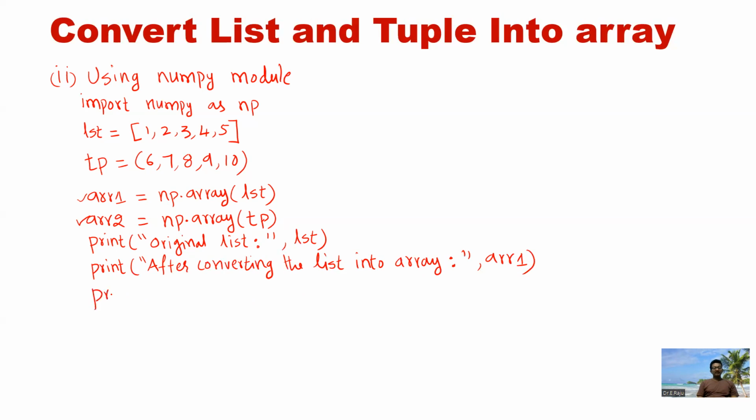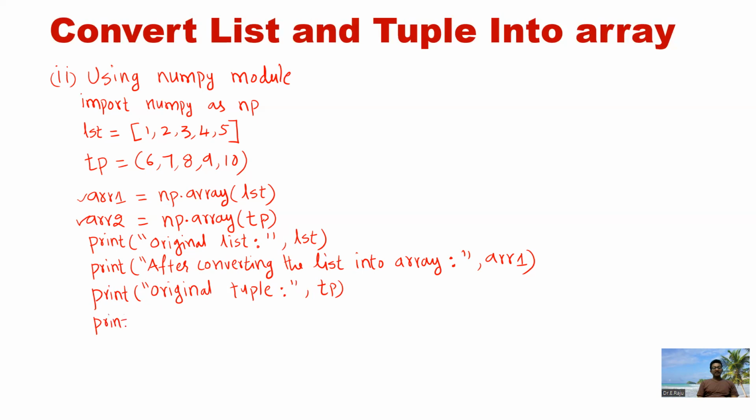Then we'll print the original tuple first. I print the original tuple, which we have stored in a variable called tp.